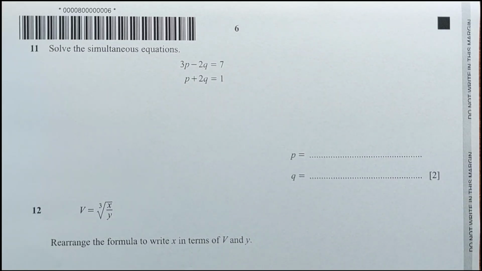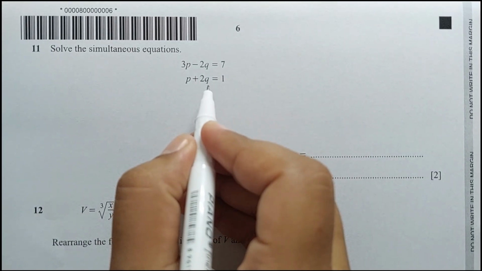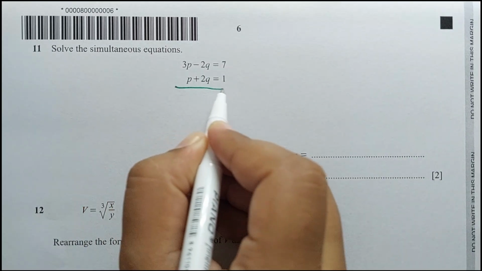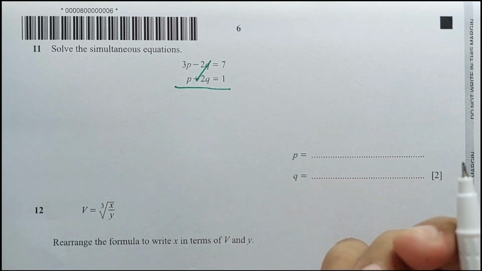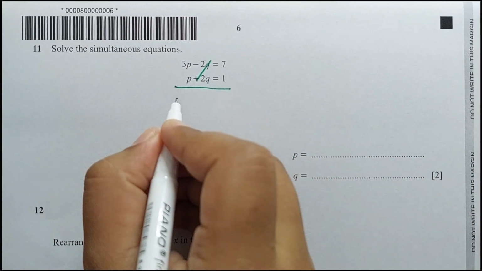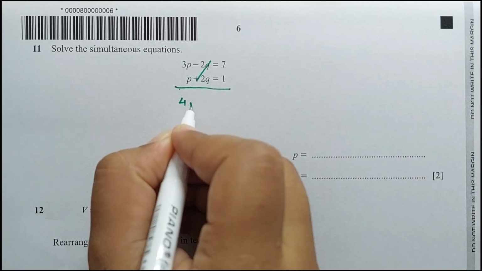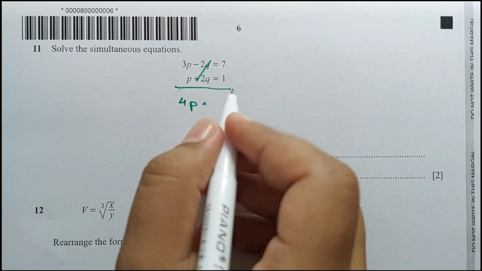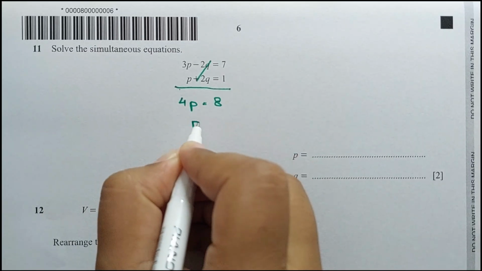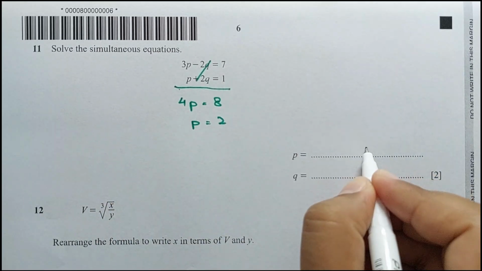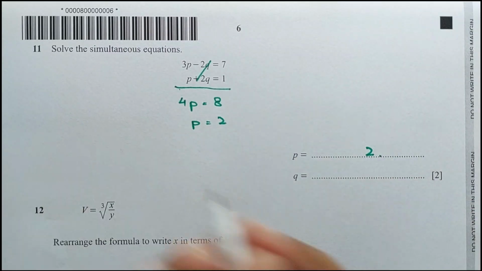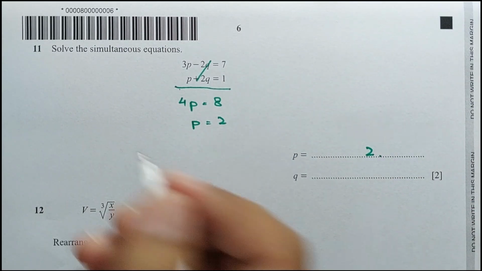Question number 11, solve the simultaneous equations. Okay, so this is pretty simple. Just add them up. So 2q minus 2q is cancelled out. So 3p and p becomes 4p, and 7 plus 1 makes 8. And p is 4 times 2 is 8. So p is 2. So plug the p value into the first or second equation to get q.